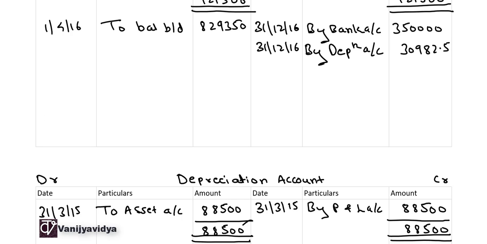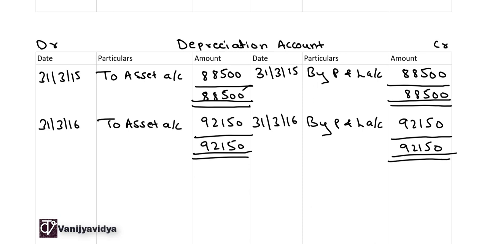And on the depreciation account debit side, 31st December 2016 to asset account, 30,982.5.